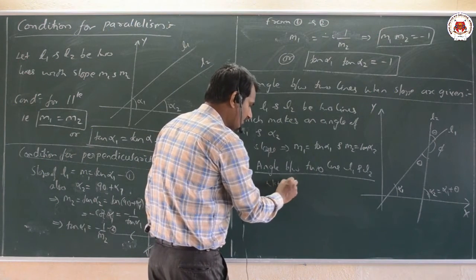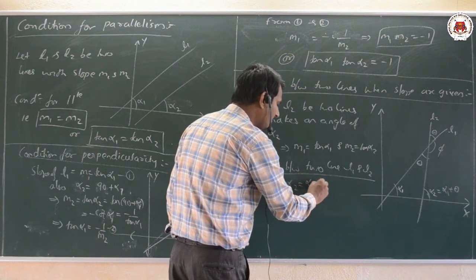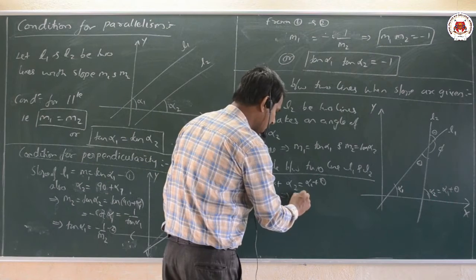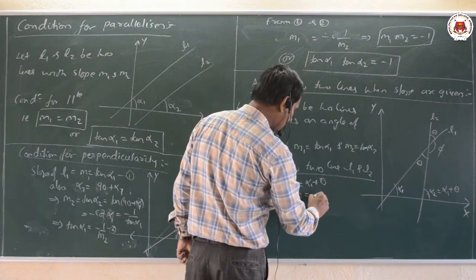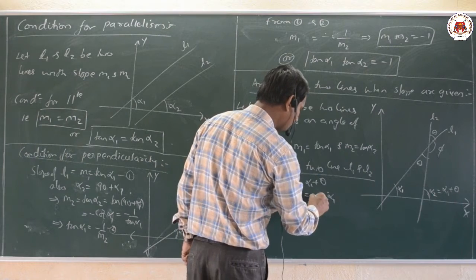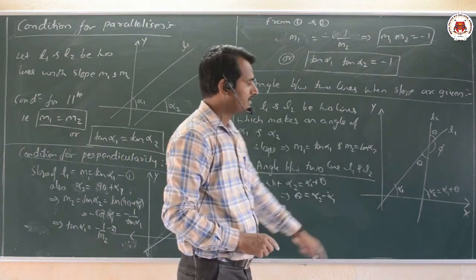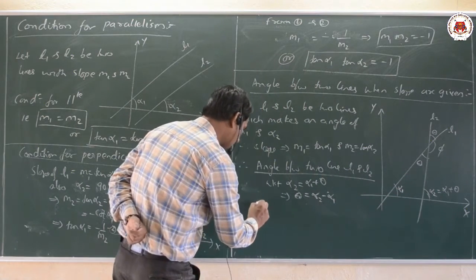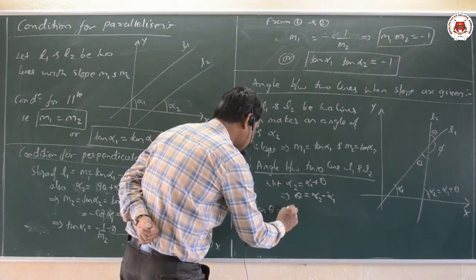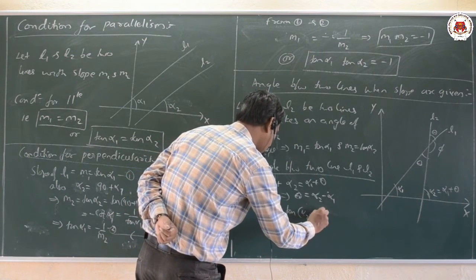We know that alpha 2 is equal to alpha 1 plus theta. That implies theta is equal to alpha 2 minus alpha 1. So I require to find the theta value, that is the angle theta. Therefore tan theta is equal to tan of alpha 2 minus alpha 1.